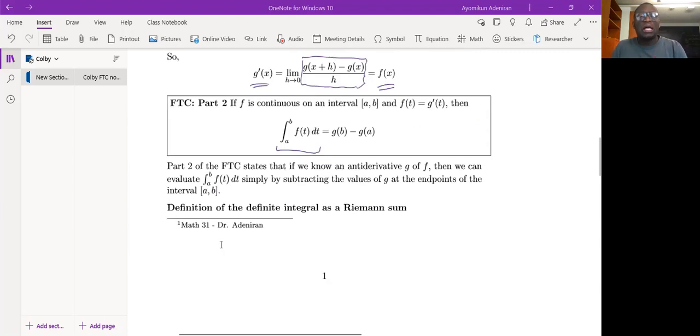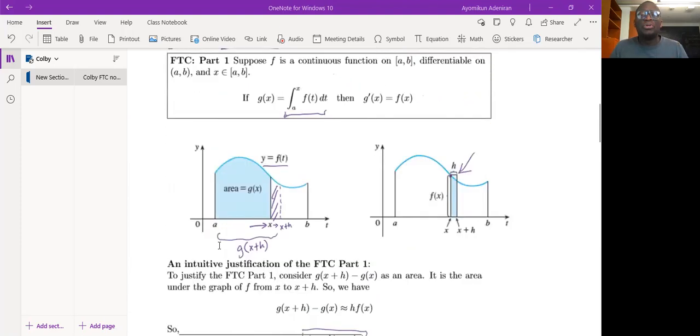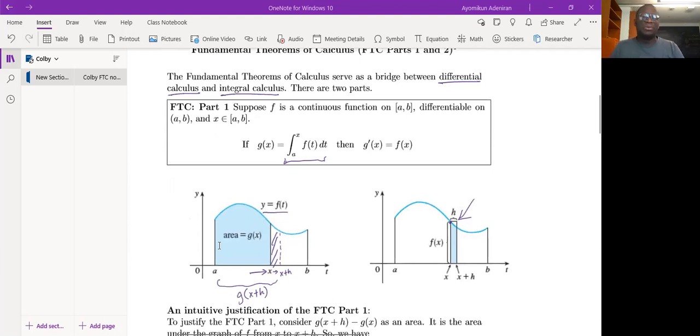So we can look at the definite integral as a Riemann sum, which is, remember we divided this into small rectangles. So really, we can divide this area into several rectangles, something that looks like this, a bunch of rectangles, and you can continue that way. So we can divide this into rectangles. Why do we do that?